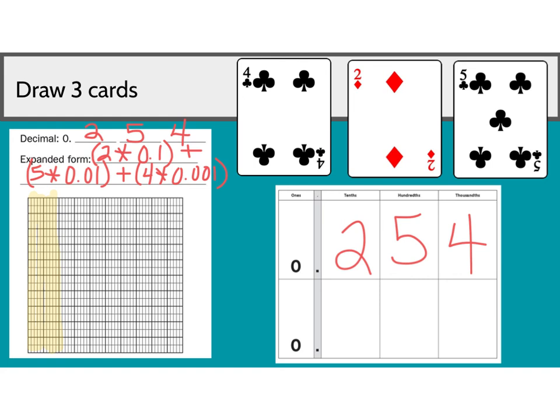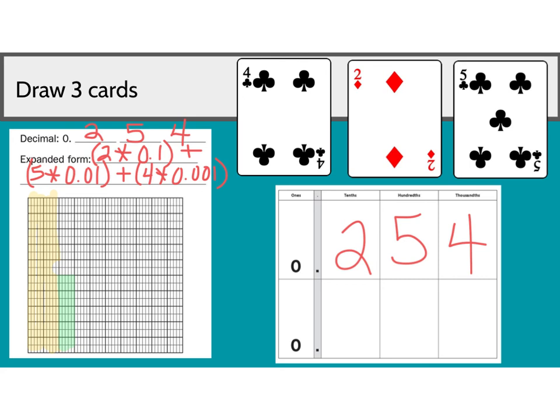So we will shade 5 boxes here. Just double checking that I'm counting correctly. Looks like I went a little too high there. Okay, 1, 2, 3, 4, 5. There we go.